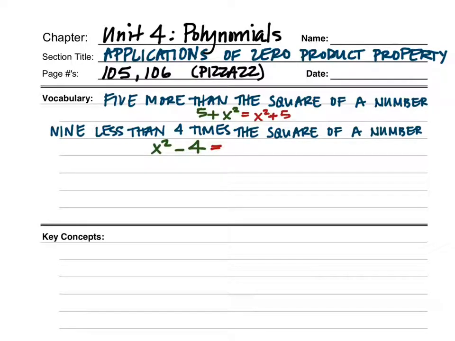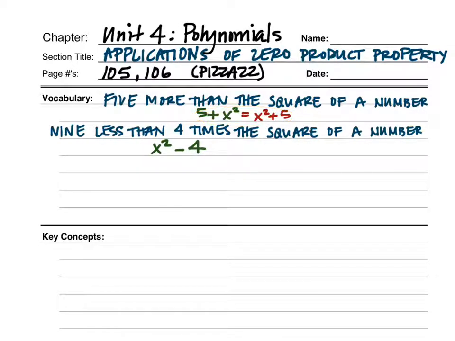And if I have something that looks like 9 less than 4 times the square of a number, I'm going to write x squared first and then subtract the 4. So it's important to recognize that I can flip-flop addition. I'm going to flip-flop the addition up above and indicate that 5 plus x squared is the same as x squared plus 5.